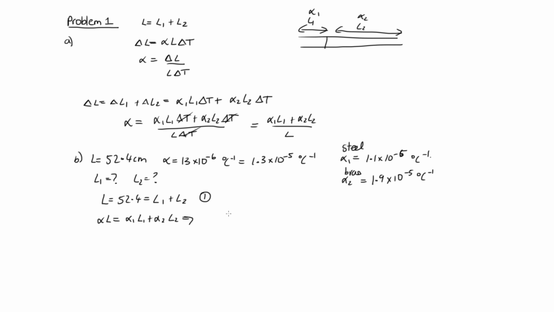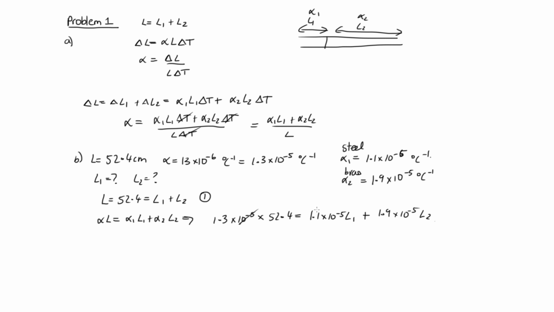So alpha, that's equal to 1.3 times 10 to the minus 5 times L, which is 52.4, and that's equal to alpha 1, which is 1.1 times 10 to the minus 5 L1 plus 1.9 times 10 to the minus 5 L2.